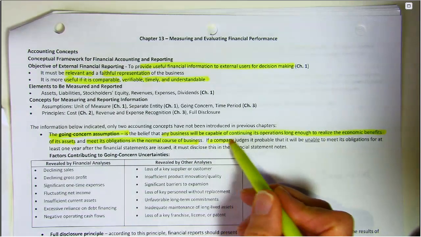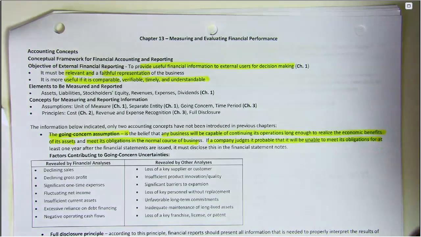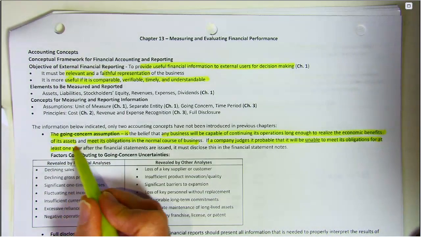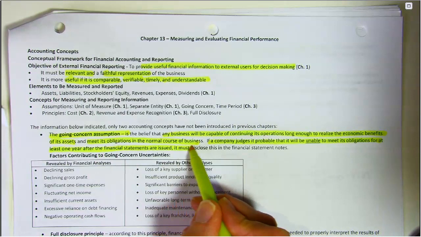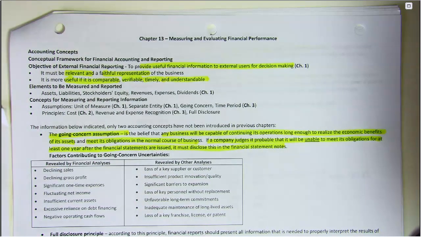If a company judges it is probable that it will be unable to meet its obligations for at least 1 year after the financial statements are issued, it must disclose this information in the financial statement notes.